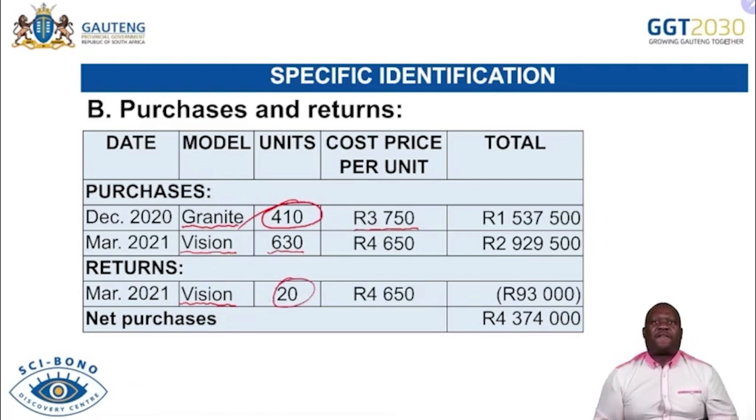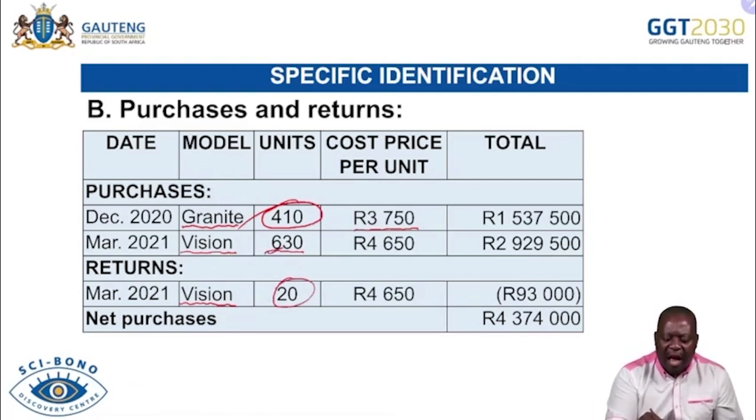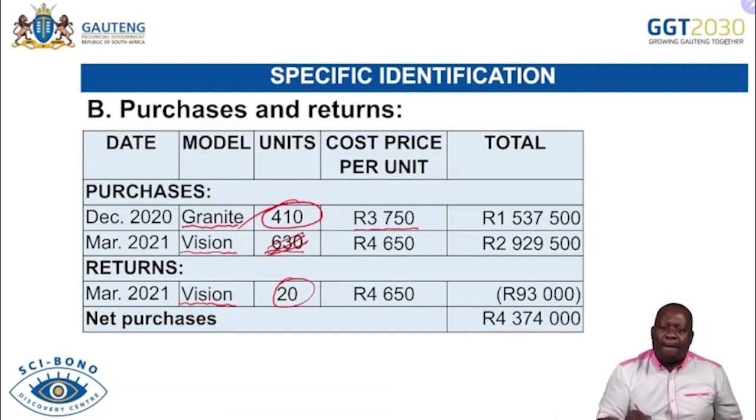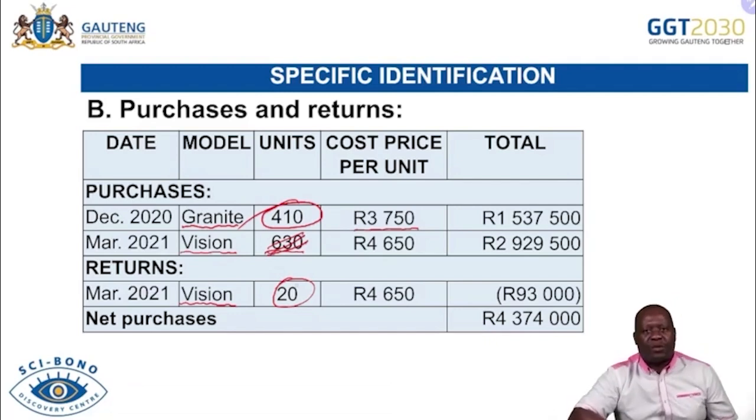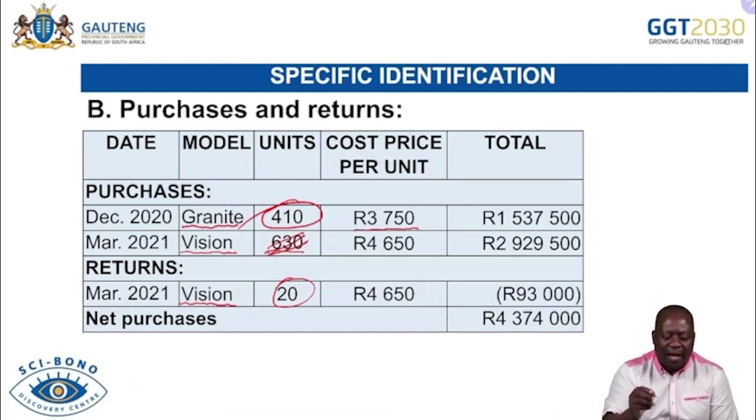Now, please take note. What does that mean? Are we still having this 630? No. Why? Because some are going back to the supplier. And why are we taking these from this batch? Because they are specifically Vision laptops that are being returned to the supplier. So what does that mean?